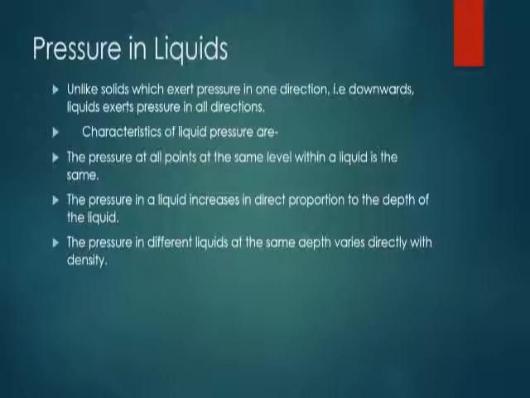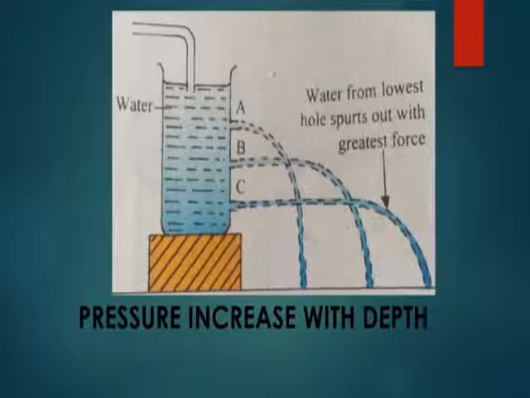This can be shown in this diagram here, where we have a beaker holding water with 3 punctures in it. We have A, B, and C. As we can see, there's more water coming out from hole C. This is because as the depth increases, the pressure increases, and hole C is close to the bottom of the beaker, which shows that there's more pressure down there, and that's why we have more water coming out from hole C. The water coming out from hole B is greater than that of hole A because it is deeper than that.